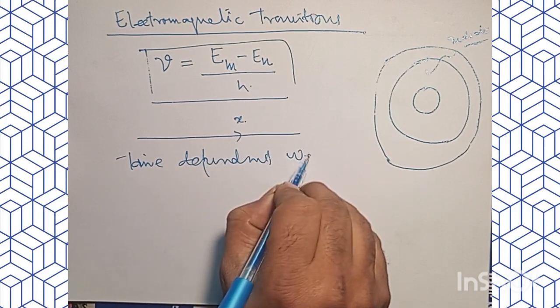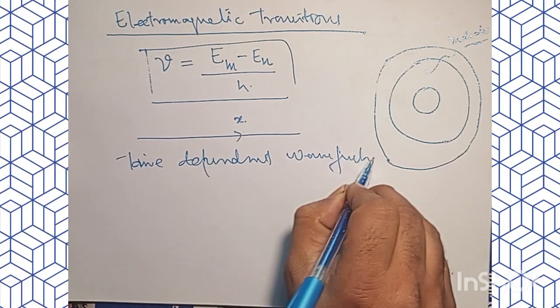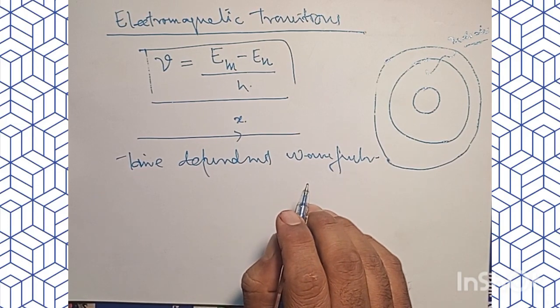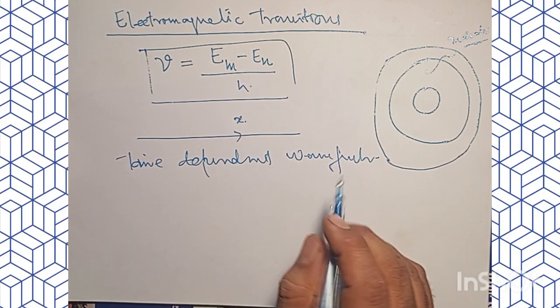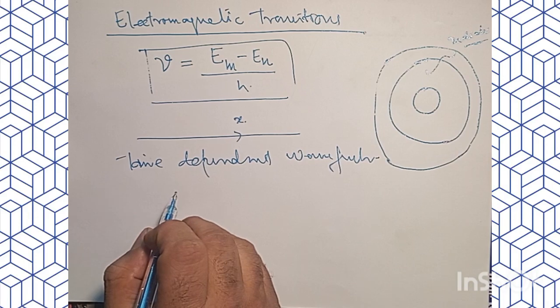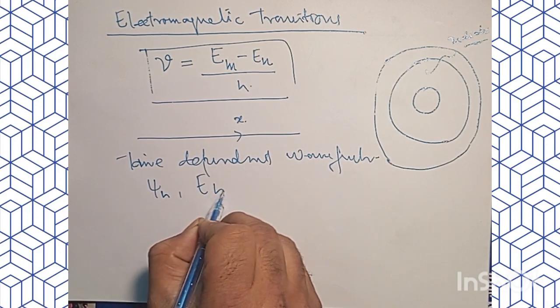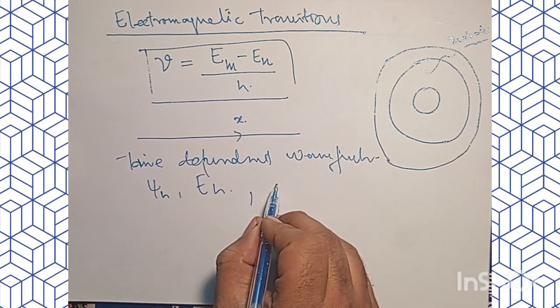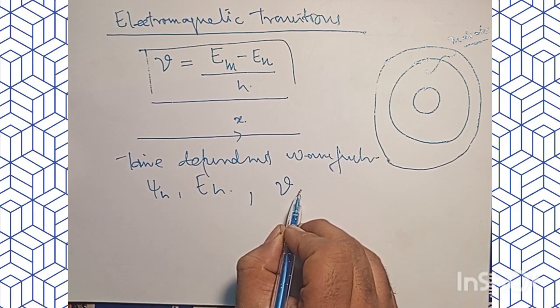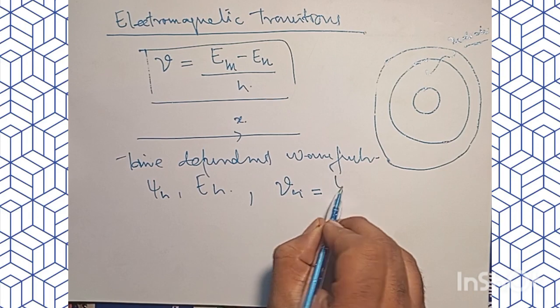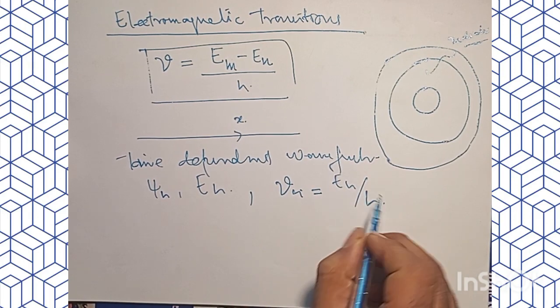If I take it as psi n for the energy state En, the frequency of that state will come out to be En by h.